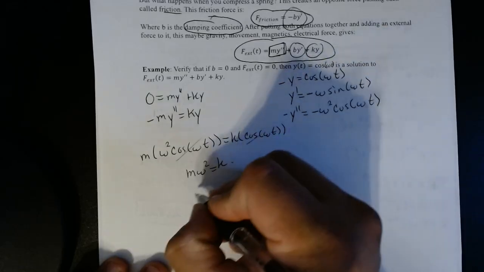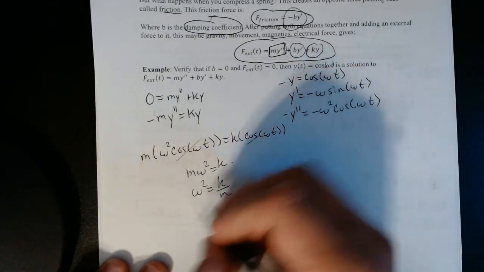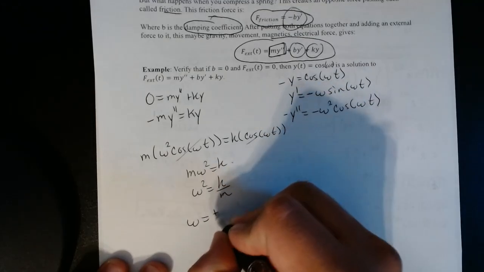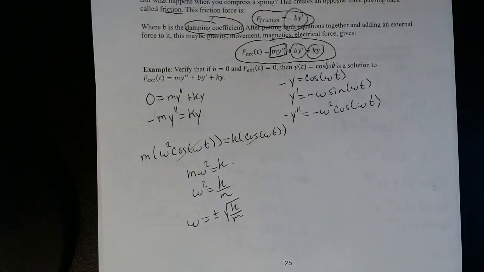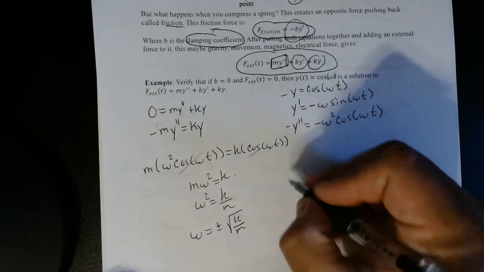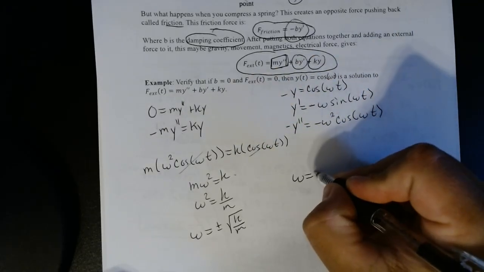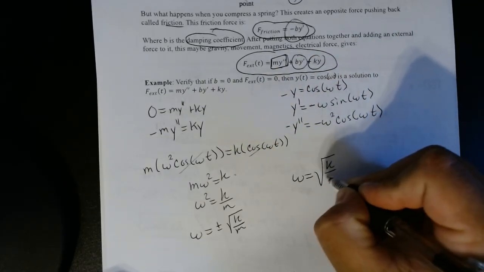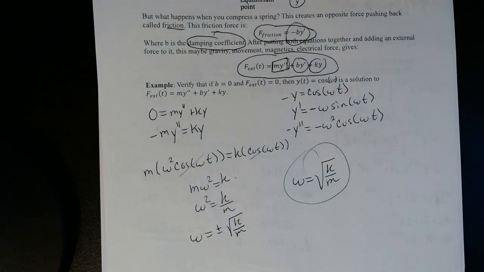If I solve for omega, omega is equal to plus or minus the square root of k over m. Since we have to make this positive, this will only work out if omega is equal to the square root of positive k over m. So it works out.